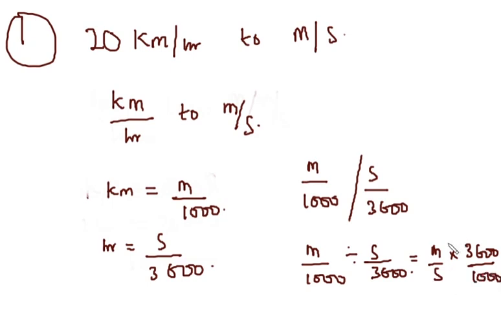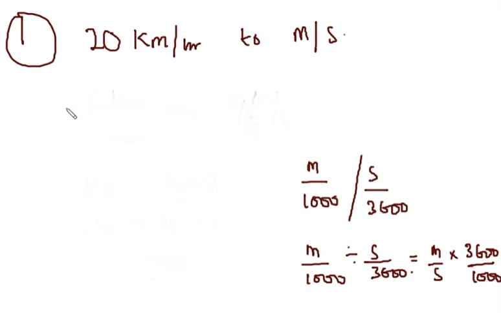So we are going to be using this value to replace this value in order to convert it to meters per second. Let me clean this out. So in this case, we now have 20 times meter per second times 3600 divided by 1000.